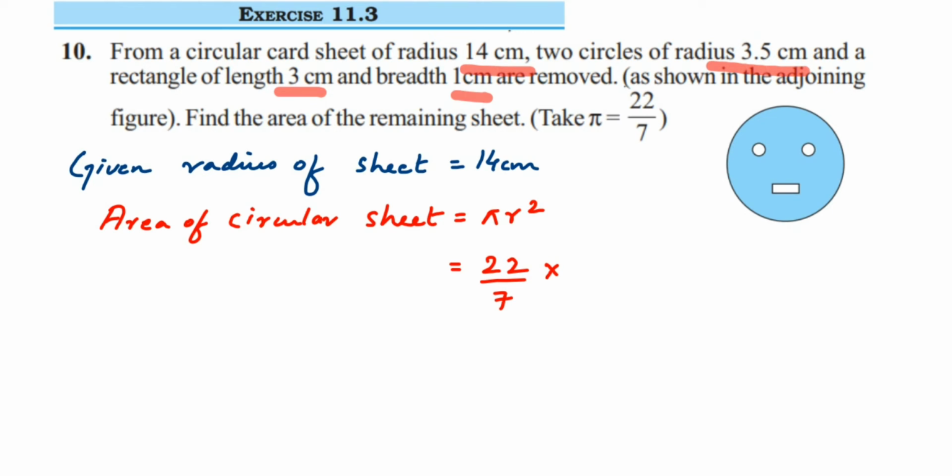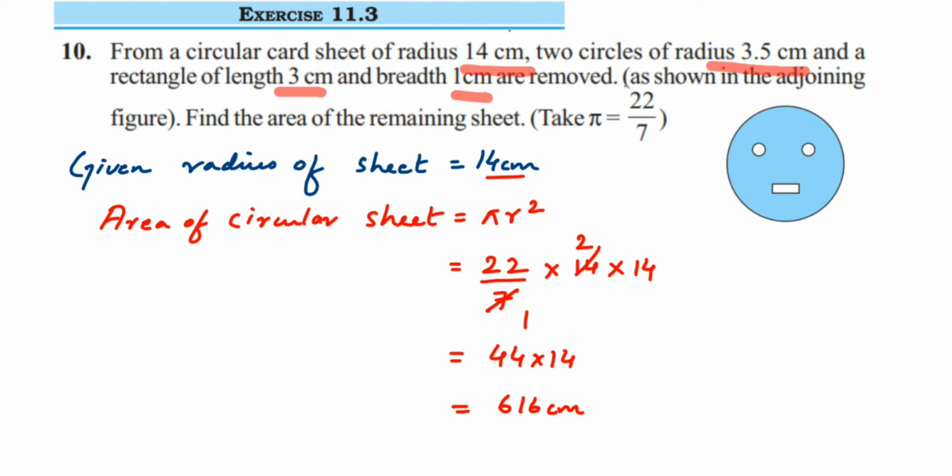So 14 square, or you can write 14 multiplied by 14. Let's cancel this. 7 ones are 7, 7 twos are 14. So from here when you multiply 22 and 2 we'll get 44. So 44 multiplied by 14. When you multiply this we'll get 616 centimeter square.